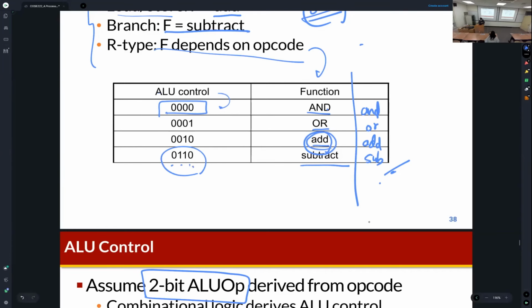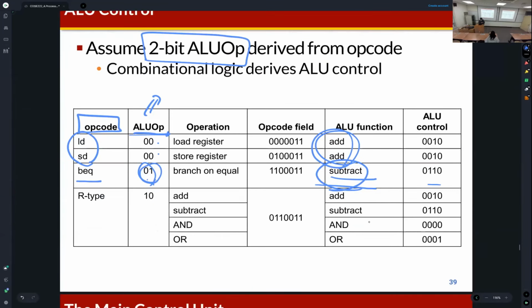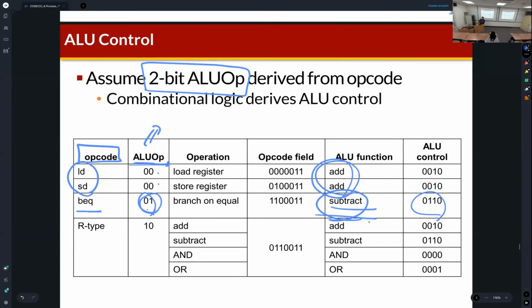And if the given instruction is an R-type instruction, then ALU OP becomes 1, 0, and the ALU operation is determined by other fields like the function 3 field or function 7 field.